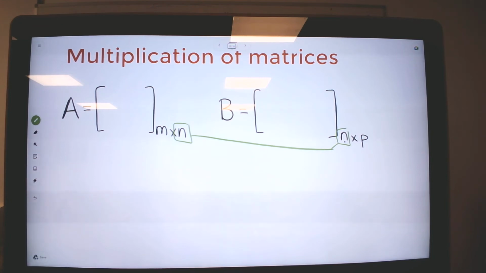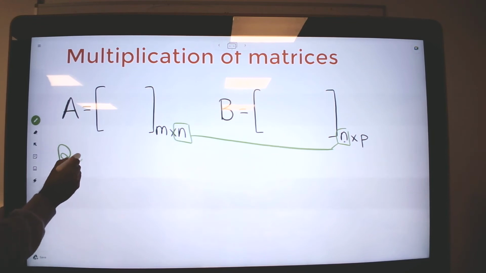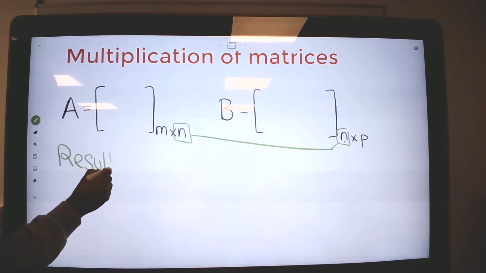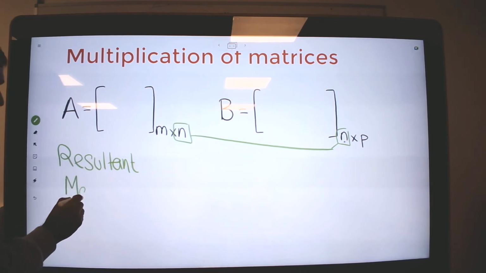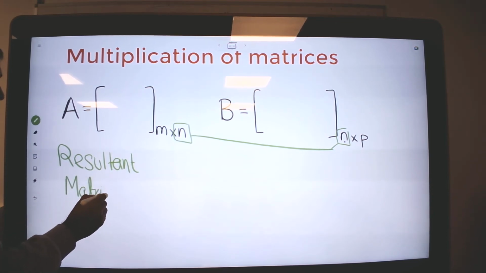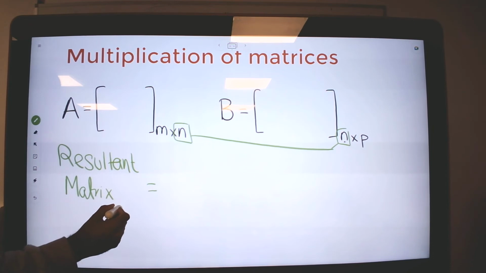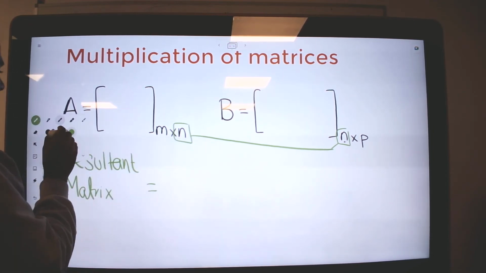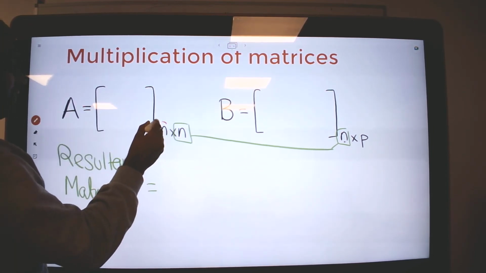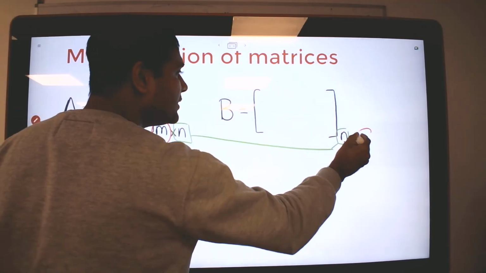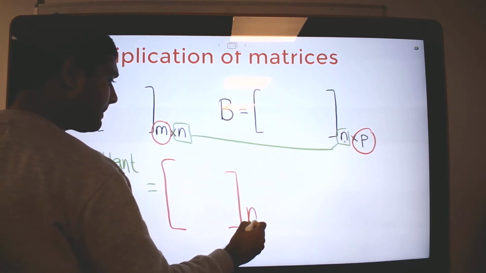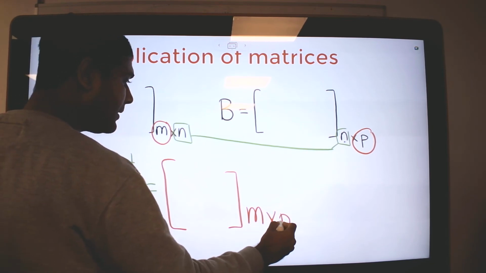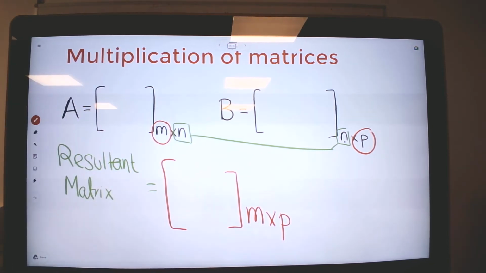And then you get the resultant matrix. The resultant matrix will have an order of whatever is left, m cross p.